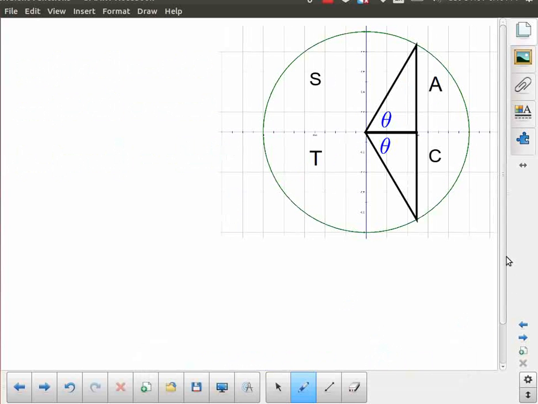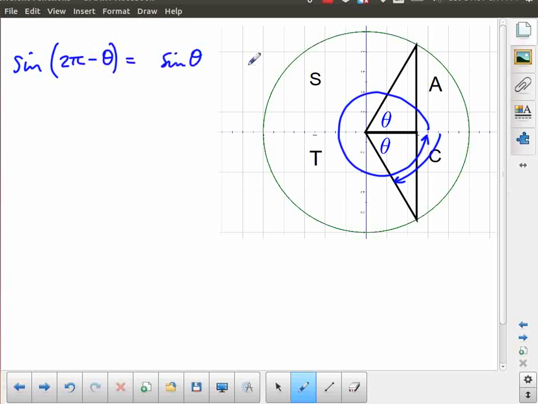And finally, over here in quadrant 4, we get the sine of, now what's this angle going to be? This one is going to be 2 pi minus theta. Sine of 2 pi minus theta is going to be related to the sine of theta, and because of the CAST rule, I know that sine is going to be negative.